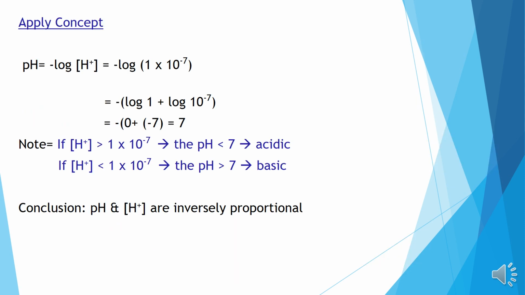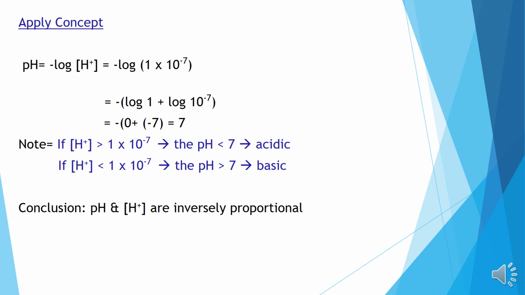How to apply the pH concept? pH equals, as we said, minus log the concentration of H plus. How to calculate it? The log here is the logarithm of base 10.